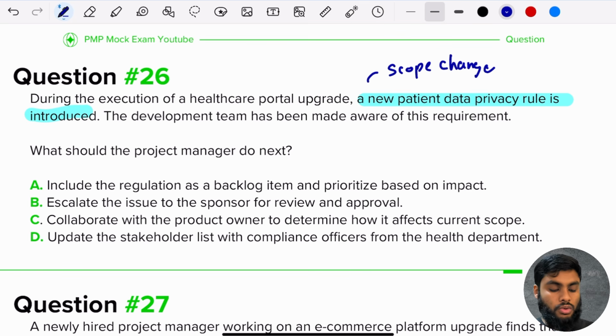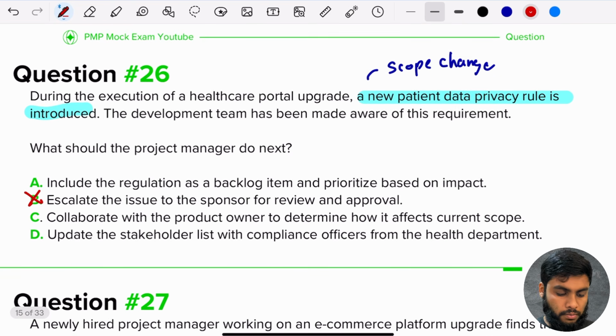Step number 2 is to eliminate the answers that, number 1, don't solve the core problem, or number 2, contradict our principles, okay? Include the regulation as a backlog item and prioritize based on impact. I don't see anything wrong with that. Escalate, the E word, the issue to the sponsor for review. No. Never escalate, principle number 8, especially if the situation doesn't involve the sponsor in this case.